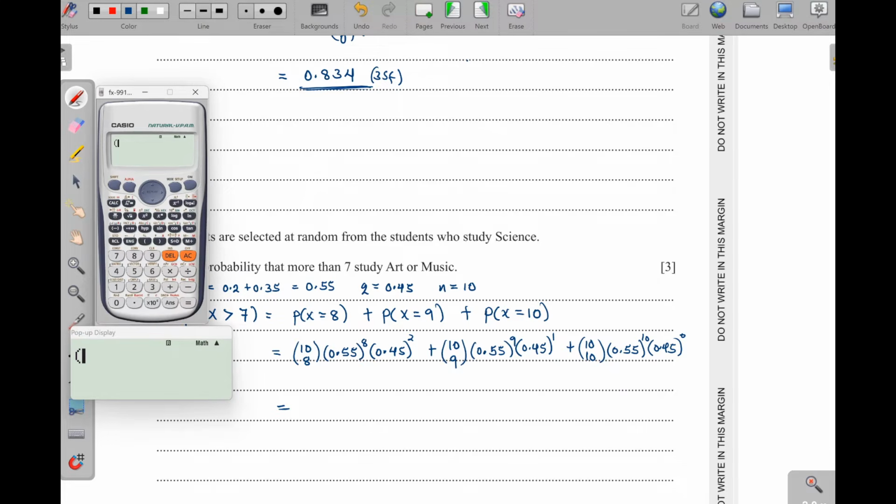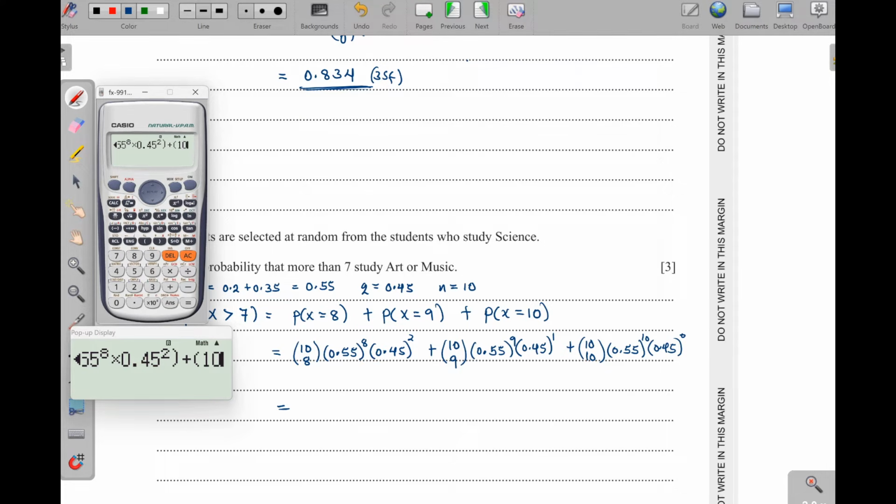10 combination 8 is the same as 10 combination 2. That is 10 times 9, that is 90, divided by 2, that is 45. And then times 0.55 power 8. Then times 0.45 power 2. Then the next one is 10 combination 9.